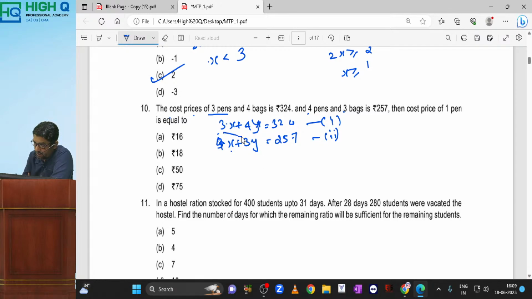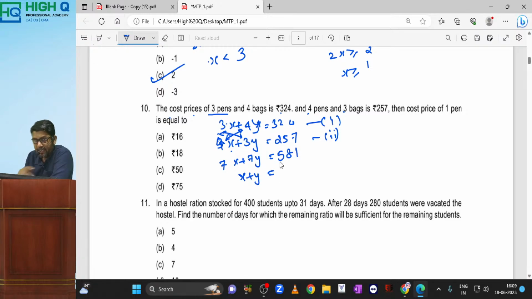See, look at this, cross multiply, same numbers, no? So add. When you add, what are you going to get? 7x plus 7y is equal to 581. Oh, sorry, my bad. Is it 324 and 257? 581, sorry.